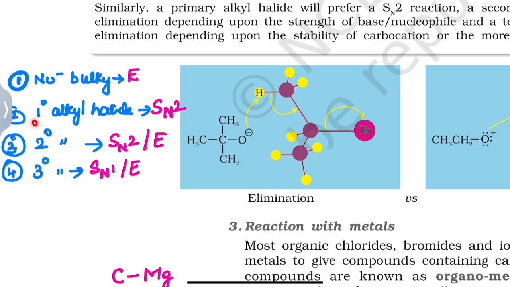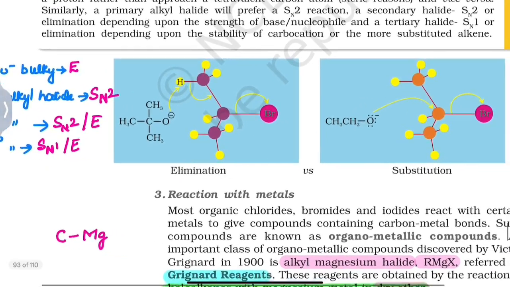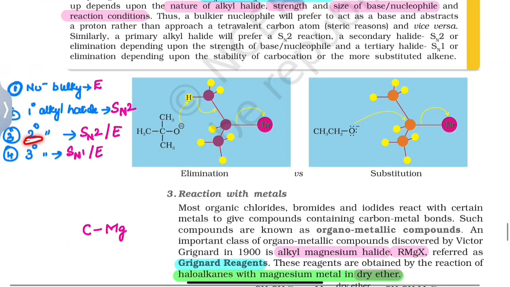And if it is a primary alkyl halide, then SN2 reaction will be preferred. That we have already seen. And if it is secondary alkyl halide, it can be SN2 reaction or it can be elimination reaction. It can be any one. It depends upon the type of base or the type of the nucleophile.